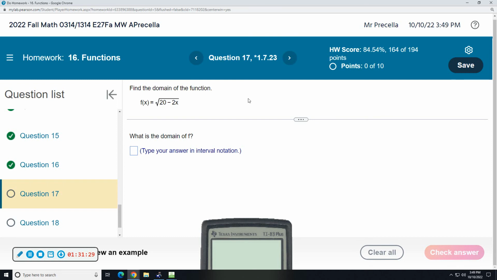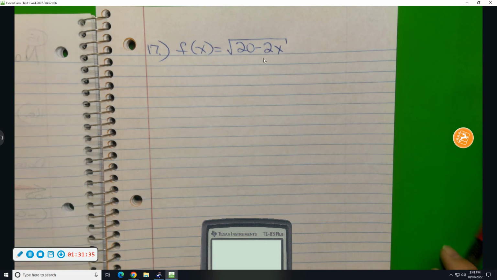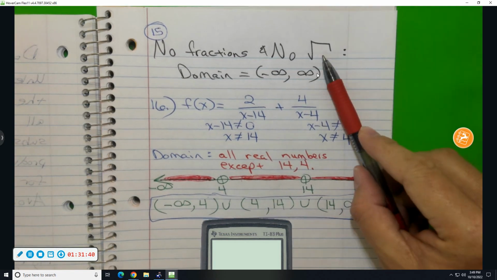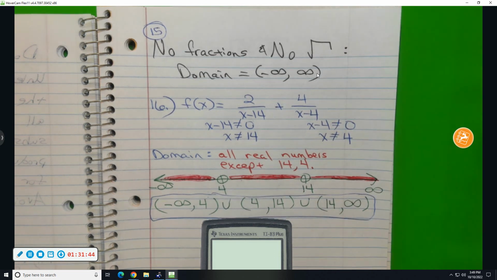Well, when we find the domain of a square root function, we have to make sure that there's no negative numbers under the square root. We're no longer interested in imaginary numbers. When we start talking about x and y, there's only real numbers on the x-axis and y-axis.